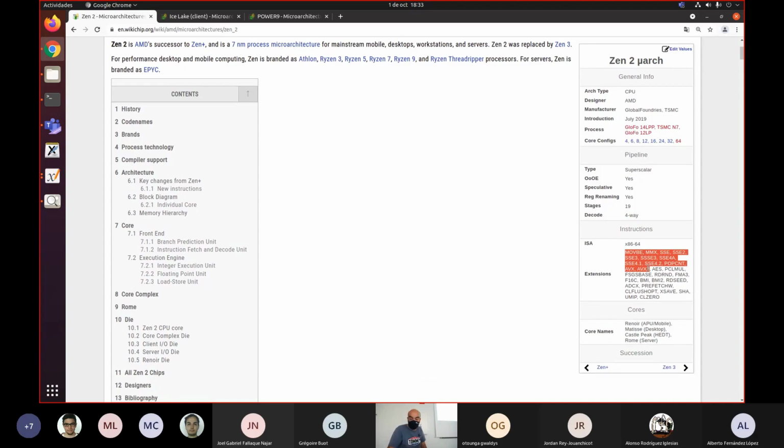Also, in this rightmost part, you can see other things that are relevant, like the type of SIMD instructions that are supported. When we talked about instruction level parallelism, we mentioned that one of the main sources of hardware to exploit this are multimedia extensions.